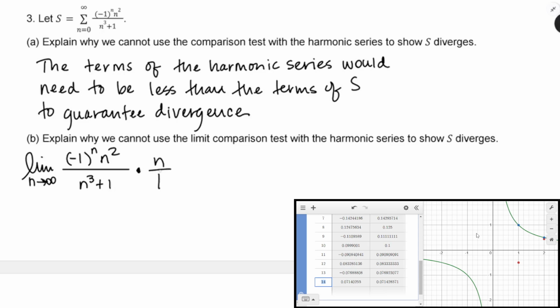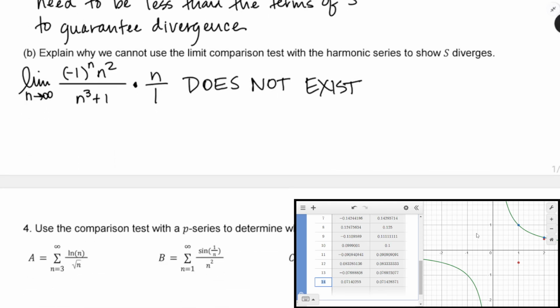Okay, we can see 3 powers of n in the numerator, 3 powers of n in the denominator, (-1)^n. This limit does not exist. And so that's specifically why. Or, I mean, if I really wanted to be even more specific, it's not positive and finite, right? I don't think I can write that, but that's what is true there.